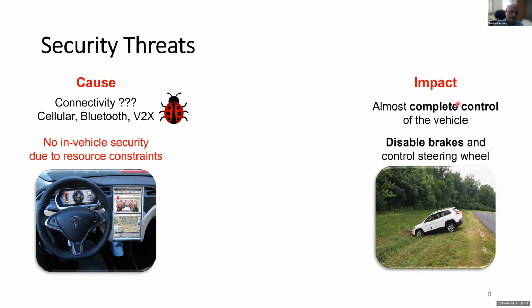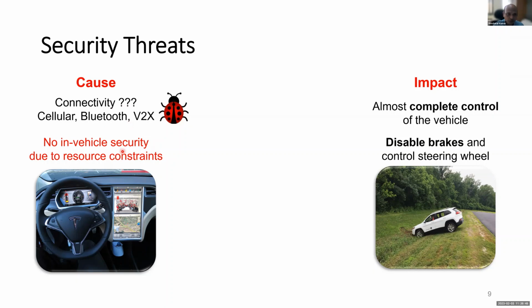So now if someone finds a bug in any of the communication protocols, for instance cellular, Bluetooth, or vehicle to infrastructure, or in their implementation on the onboard unit, which facilitates the connection to the external world, then it is problematic because there is no in-vehicle security.